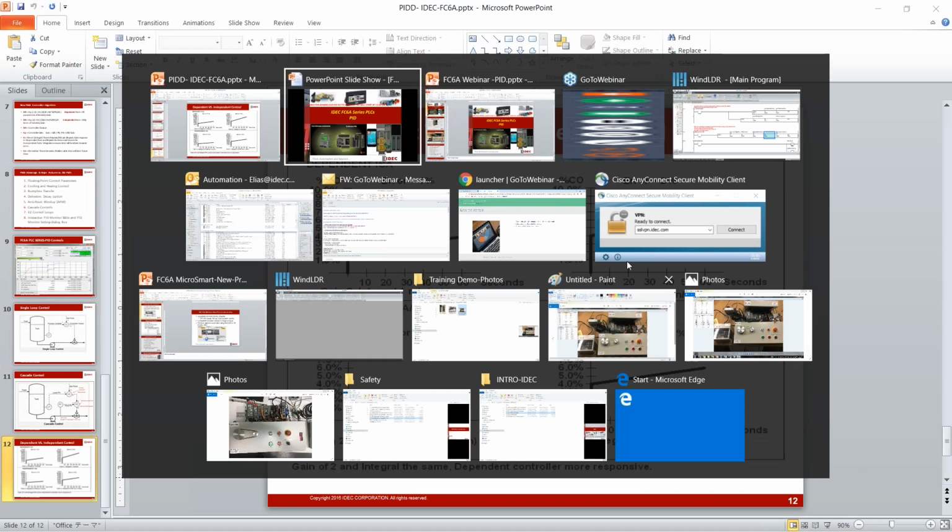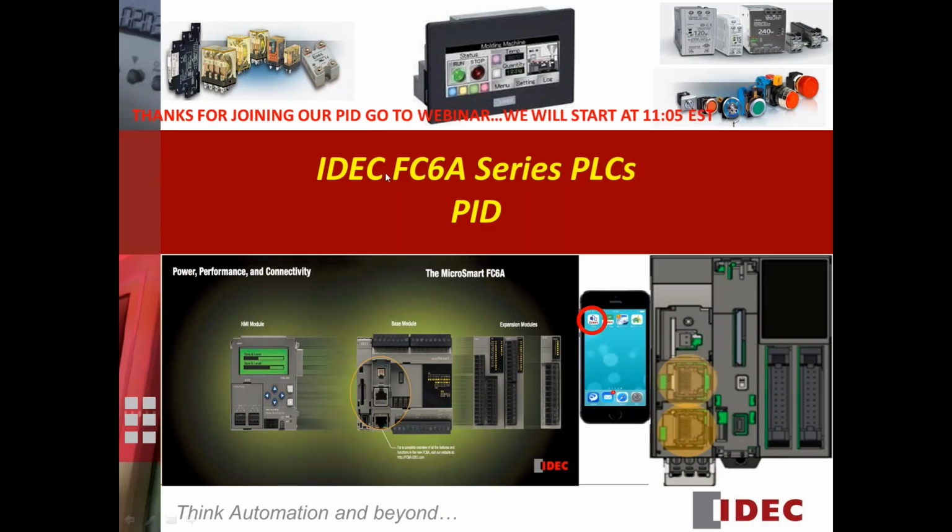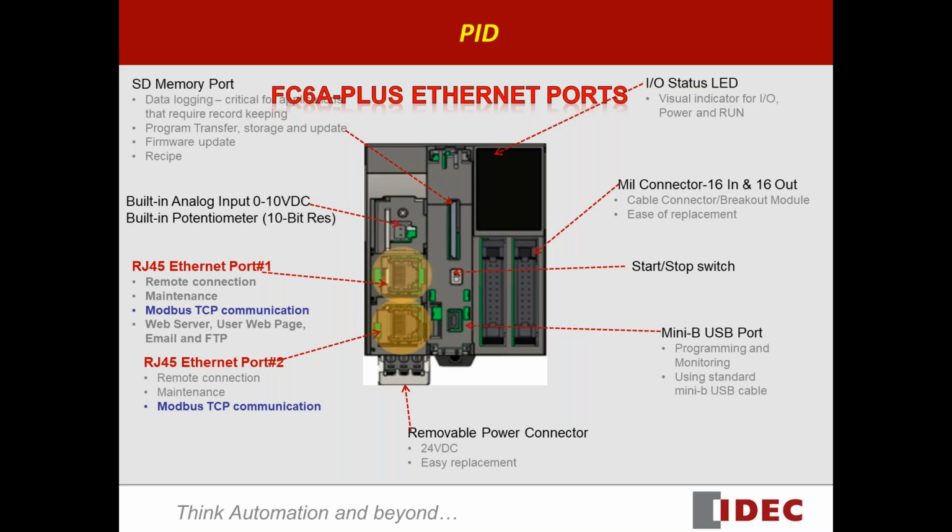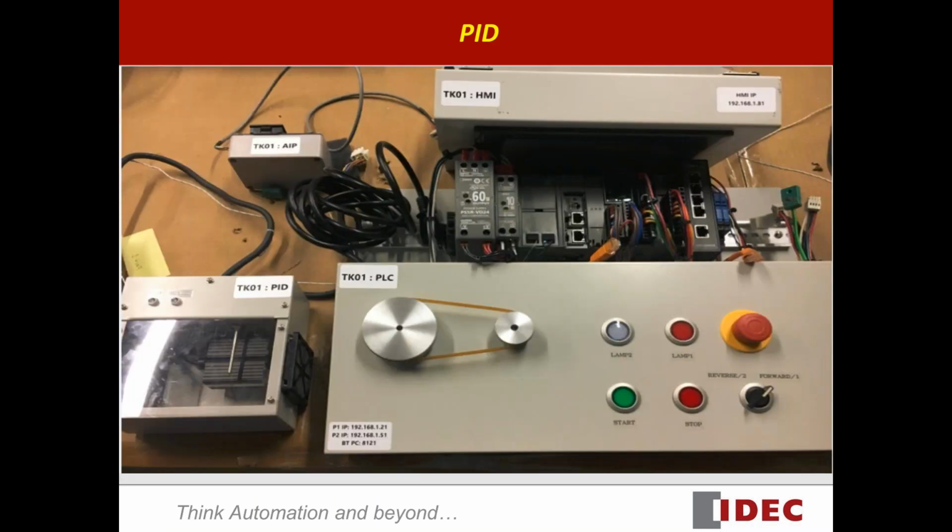Okay, guys. Now, if I may, I just want to tell you, of course, we're using the FC6A PLC for this example. I'm using the IDEC FC6A. You can use any FC6A PID. To do the demo, I'm using one of our training demos because I'm basically sheltering at home, and I didn't have access to a more sophisticated system to do the demonstration of the PID.